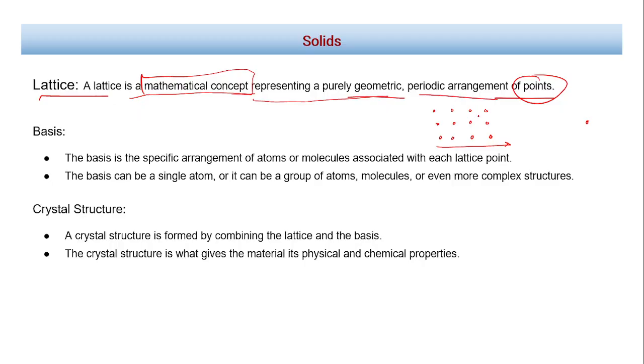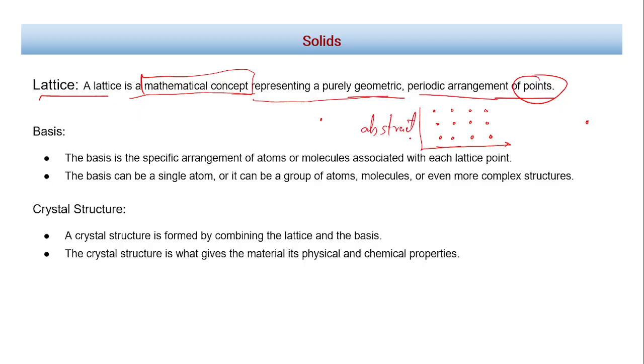So points, which are just a mathematical concept, a dimensionless structure, when we arrange them in space, right now I just have 2D space, so I have arranged them in 2D, but they have been arranged in a periodic way. This is very abstract, we don't see points around us.